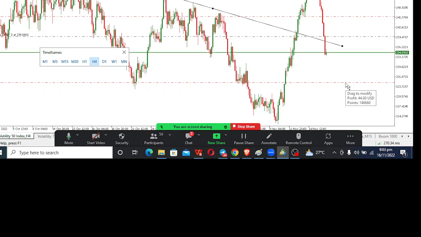So divided by 44 USD is giving us 3,333. So it means that 3,333 points on Vol 50 with the least lot size is going to give you $1.